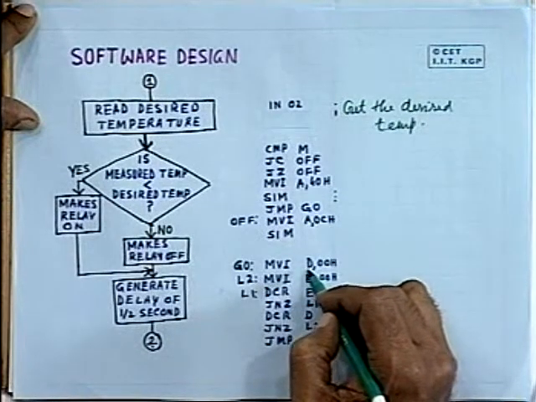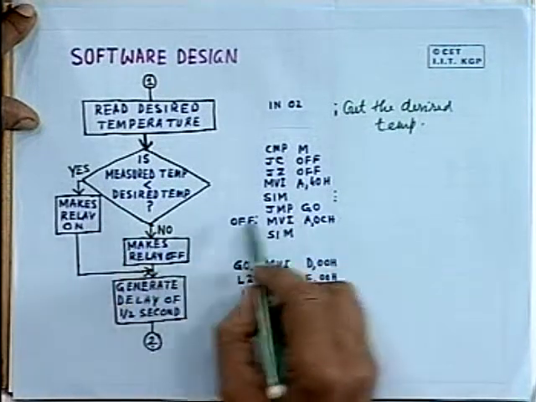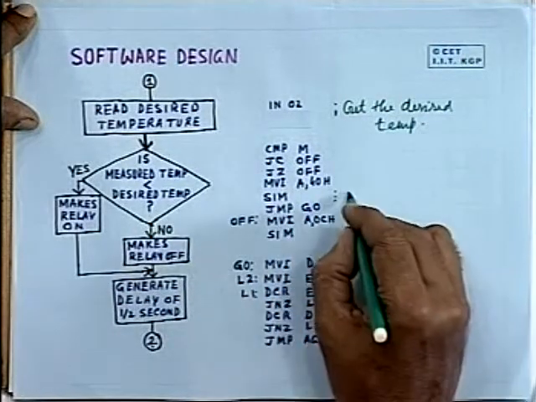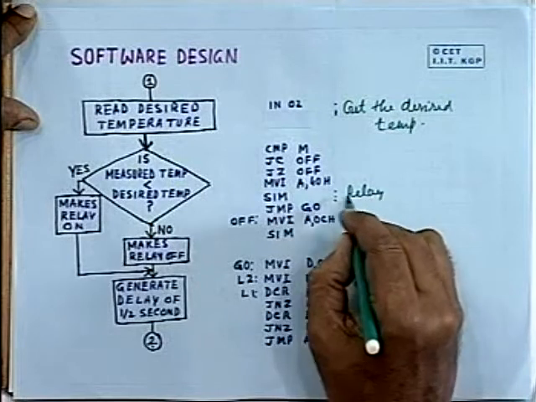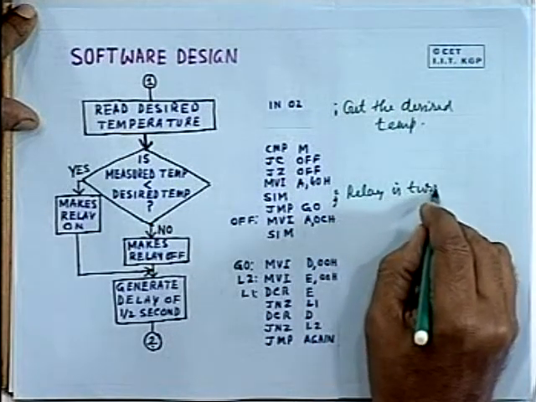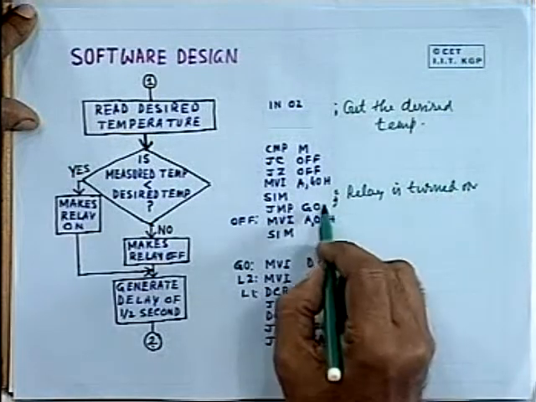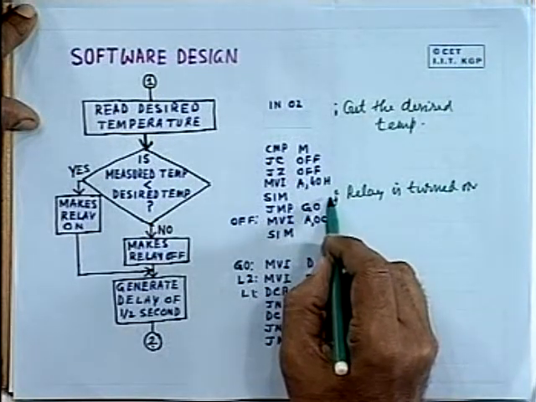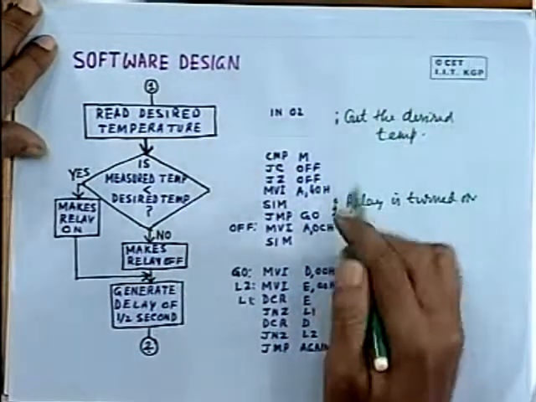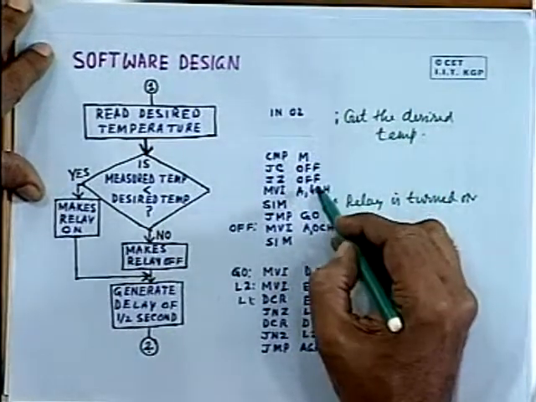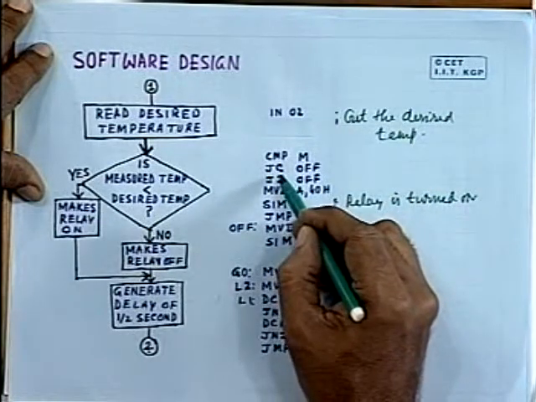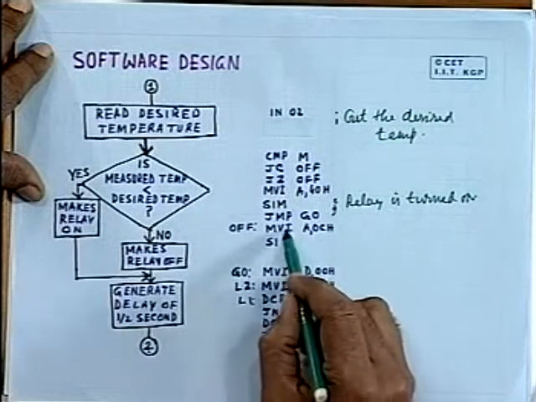And you can see here, if the relay is turned on here by using the SIM instruction, relay is turned on when the temperature is less than the measured temperature. If it is less than the measured temperature, relay is turned on, and whenever it is same or equal, then you make the relay off.